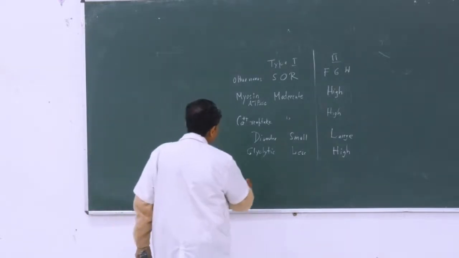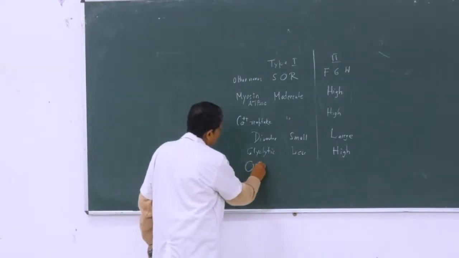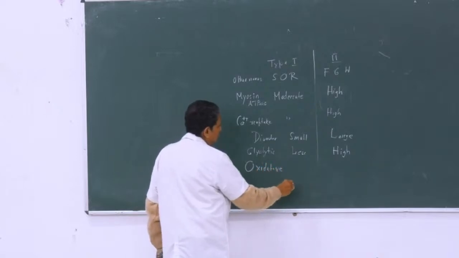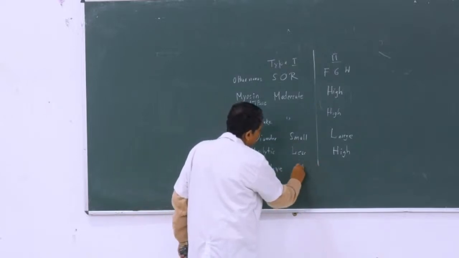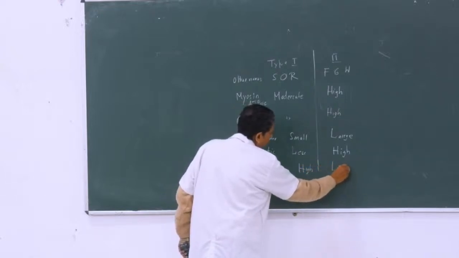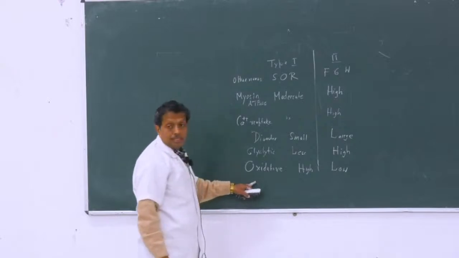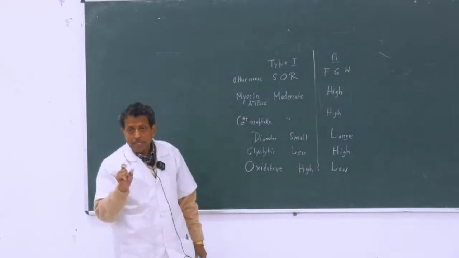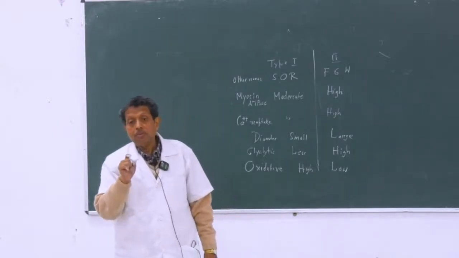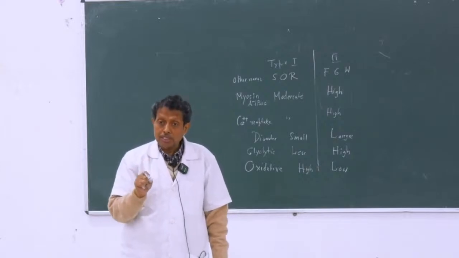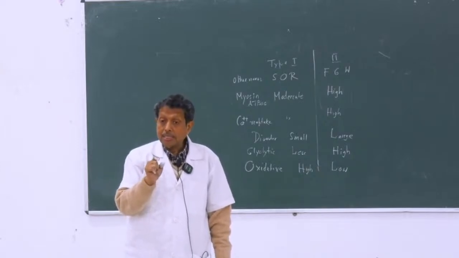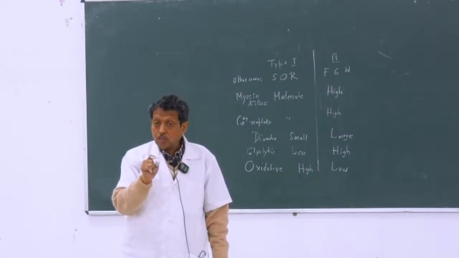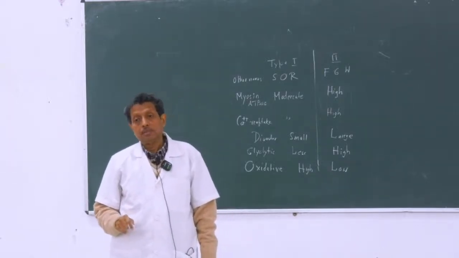And oxidative activity is high in the other type. Oxidative activity is characterized by increase in capillarity. That is, blood flow is relatively more in this case. There is an increased number of mitochondria in those cells, and also myoglobin present in the cells.